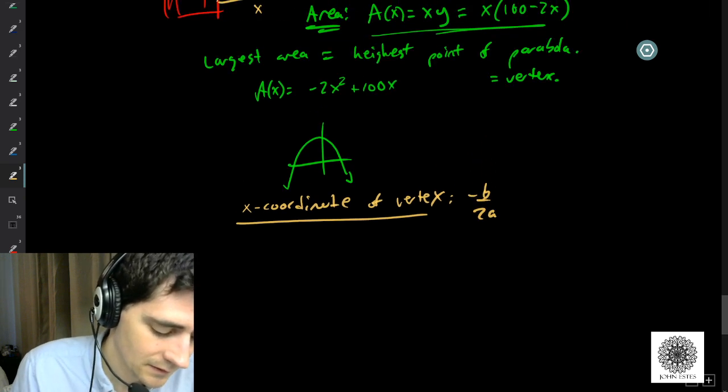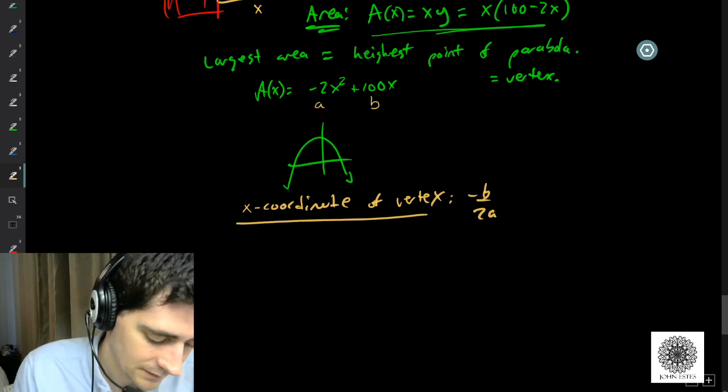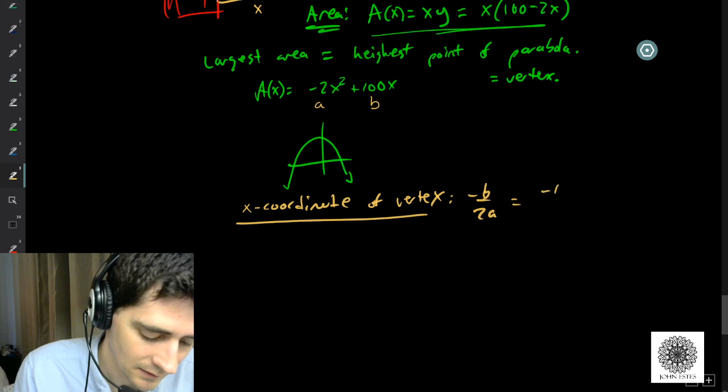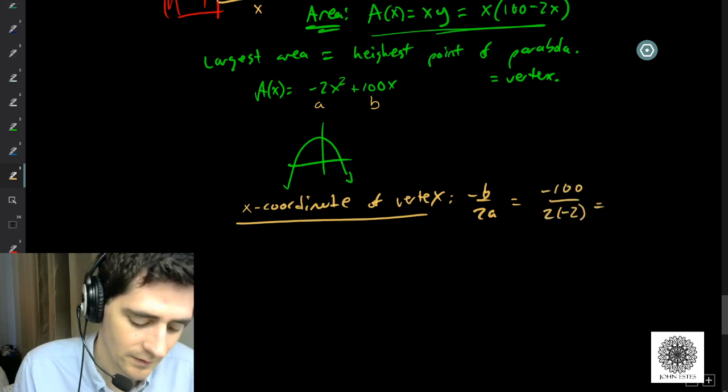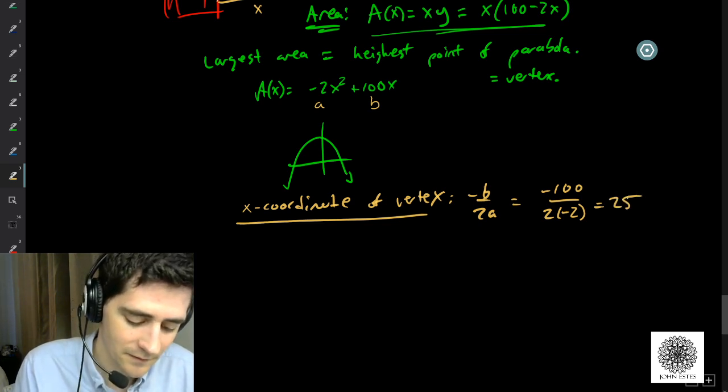Here a is negative 2, b is 100. So that's negative 100 over 2 times negative 2. That's negative 100 divided by negative 4, which gives me 25.